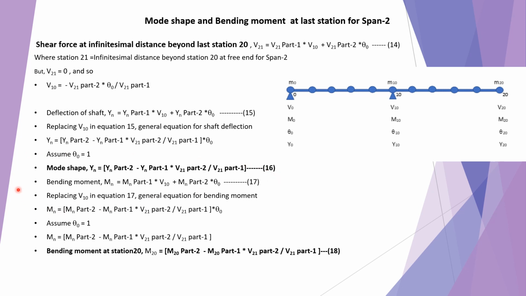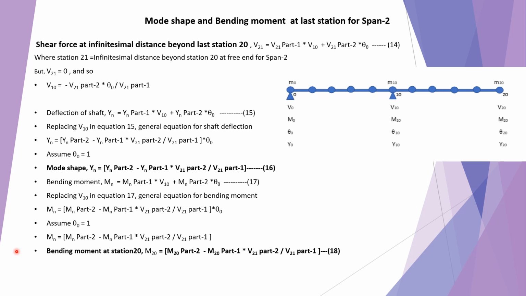Bending moment Mn is equal to Mn part 1 into V10 plus Mn part 2 into theta 0, equation number 17. Replacing V10 in equation number 17, the general expression for bending moment: Mn is equal to Mn part 2 minus Mn part 1 into V21 part 2 upon V21 part 1, bracket close, theta 0. Assume theta 0 is 1.